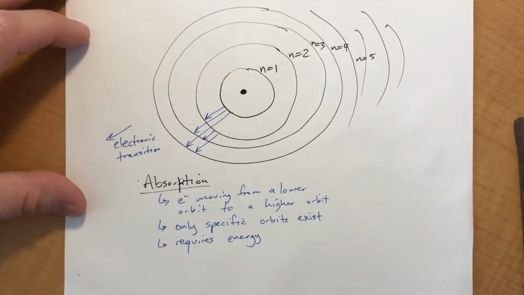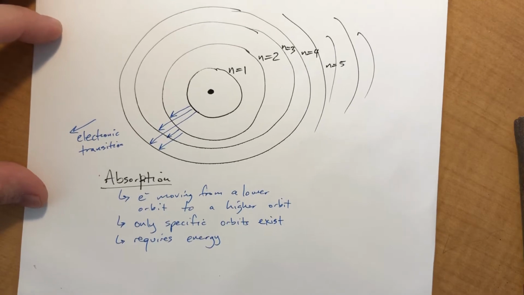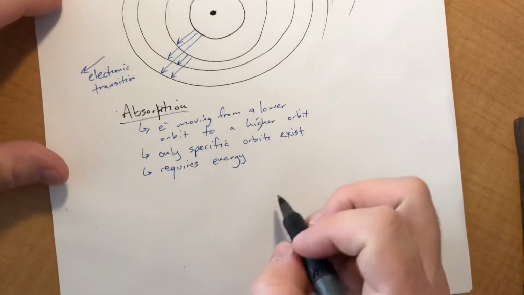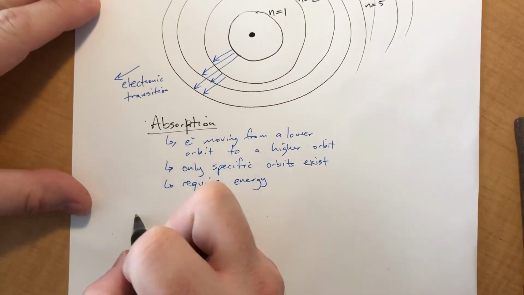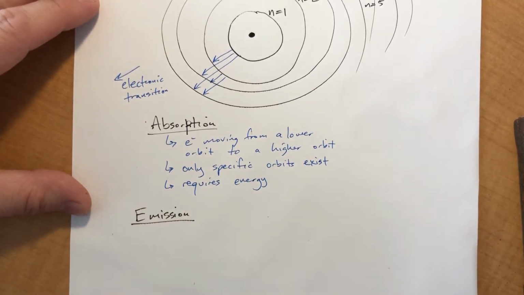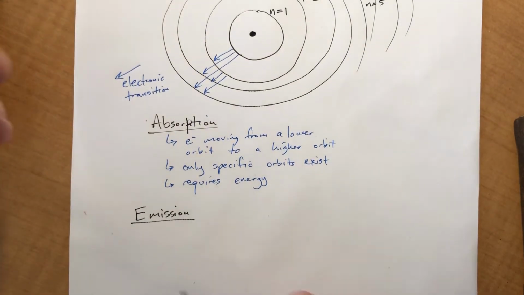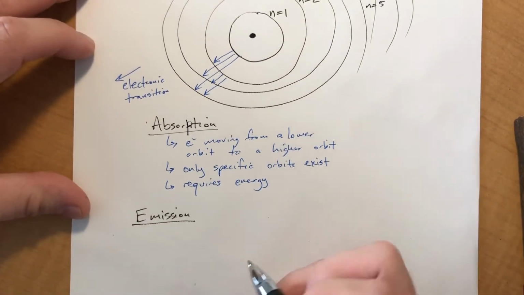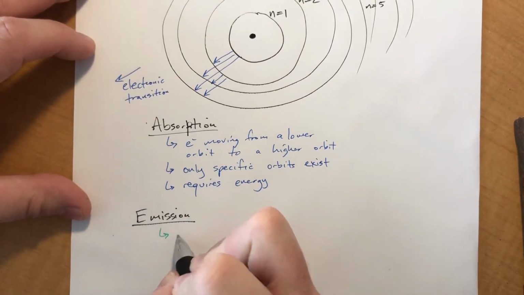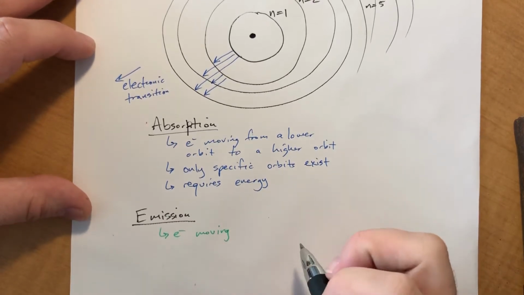And if you have an emission spectrum, I guess I'll try to keep my colors consistent here. An emission spectrum is kind of the same idea. And for the sake of comparison, I'm going to try to keep things color-coded. So an emission is when you have an electron moving from a higher orbit to a lower orbit.